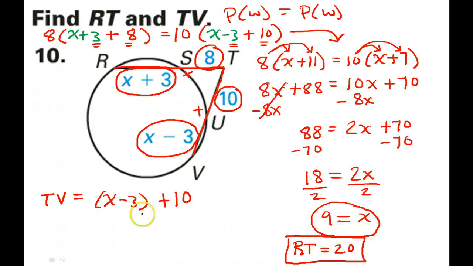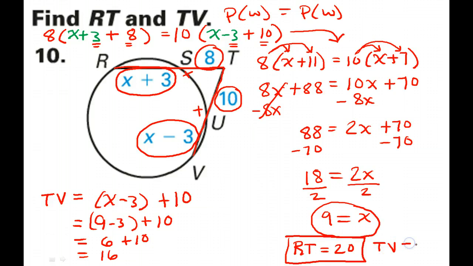But now I know that x is 9, so that's going to make 9 minus 3 plus 10. 9 minus 3 is 6, so that'll be 6 plus 10, which of course is 16. So TV is 16. So TV equals 16. So these are the two final answers. That's what we were supposed to find.